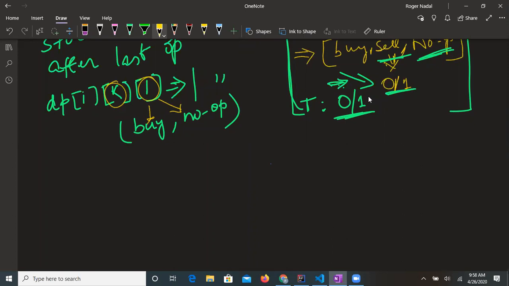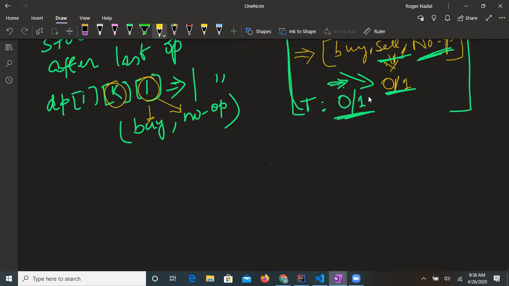Can we have more than one stock? If the transactions are more, maybe we can buy consecutively. No, there are restrictions. Until and unless you sell that stock, you can't purchase another one. So you can have either 0 or 1. 0 means no stocks in hand, and 1 means you have bought it. And 0 is also important.